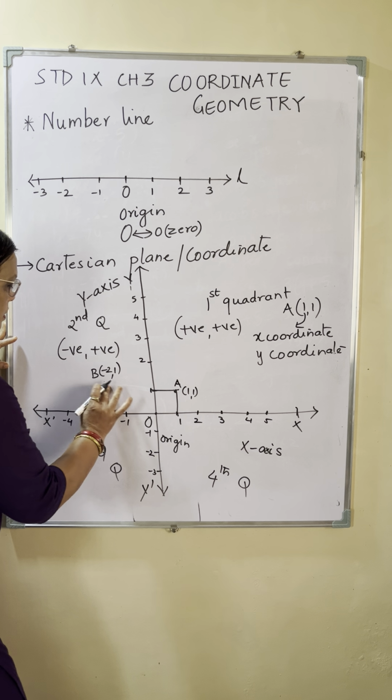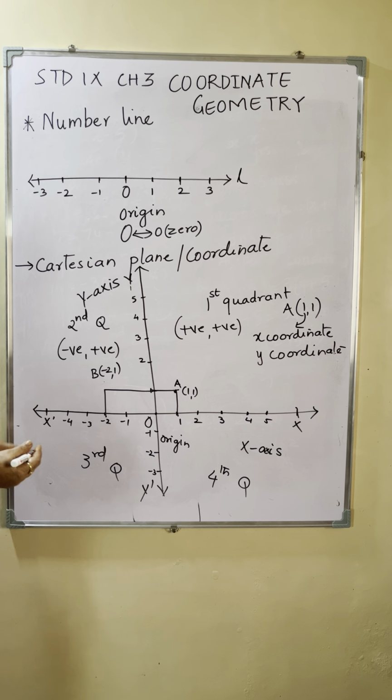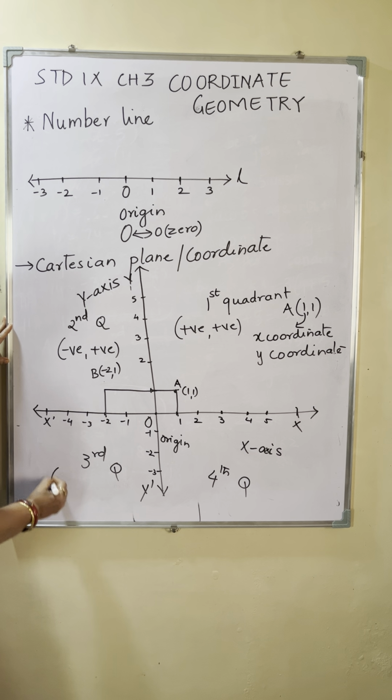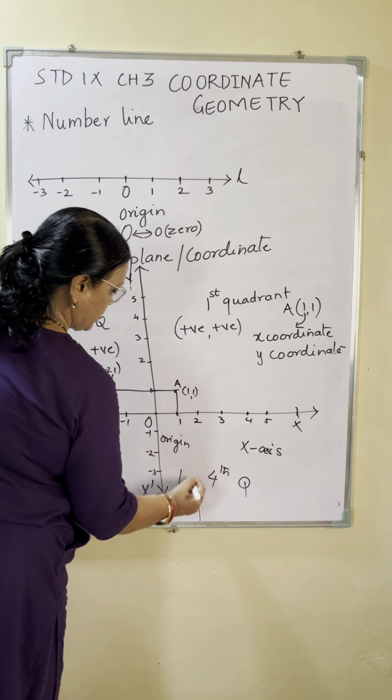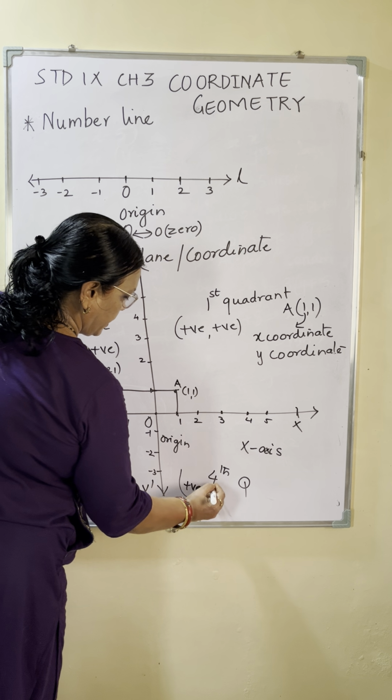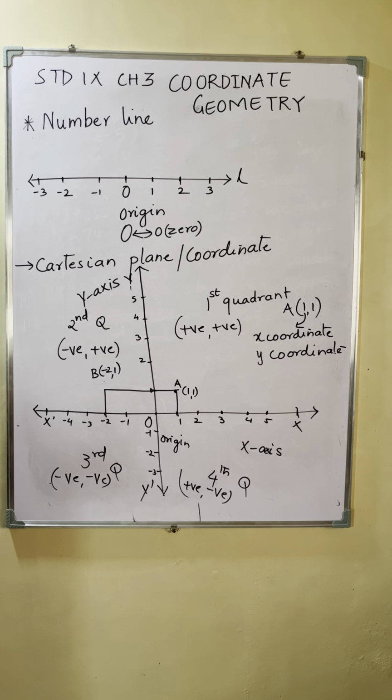So it will be like this. Third quadrant, what do you say now? Both are negative. X and Y both negative. चलो यहाँ पे बताओ मुझे X positive और Y negative. आगे समझ में एकदम how to plot the points and all that.